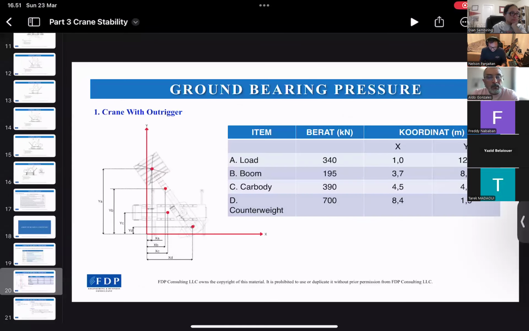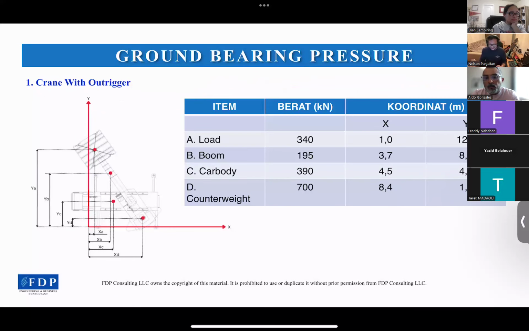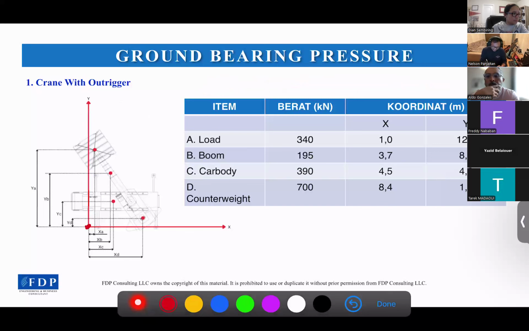But for here, because this is a different case I took from my real project, I put the origin point here because this crane will be used in an offshore project, which will be located on the Jacob barge.